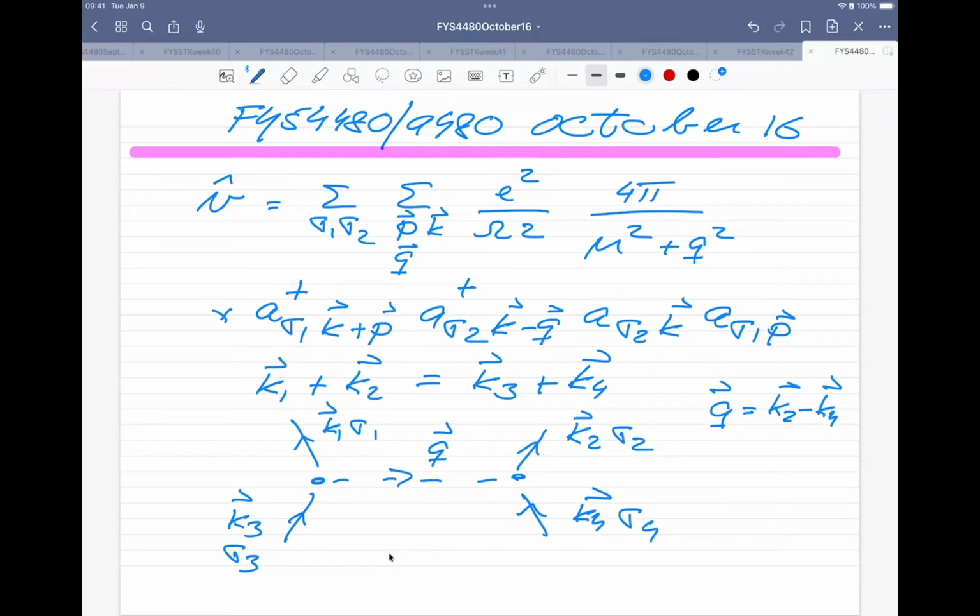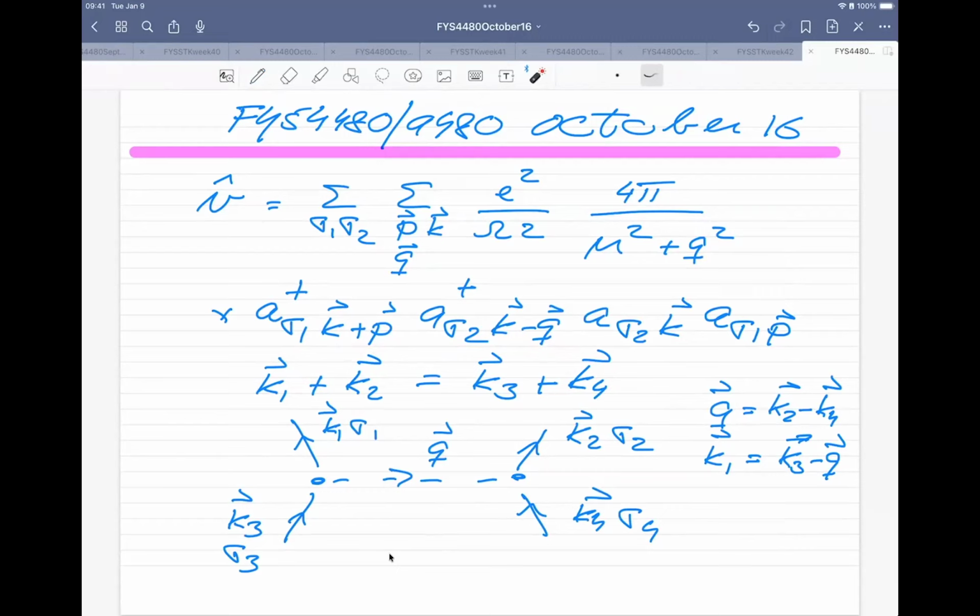And then we would also have that K1 is equal to K3 minus Q. If you look at the relation which we have here, if we now just switch over K4 to this side, we have K2 minus K4, and then we switch K1 over here, we have K3 minus K1, and that has to be equal to Q. Then you see immediately that K1 is equal to K3 minus Q, okay?